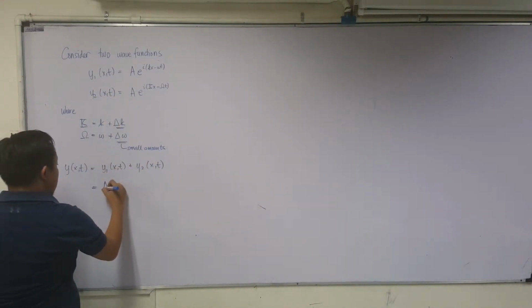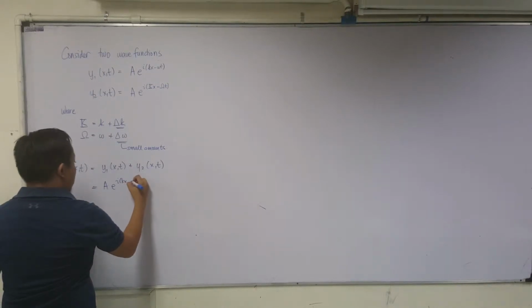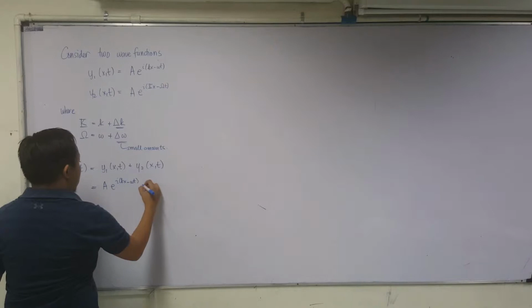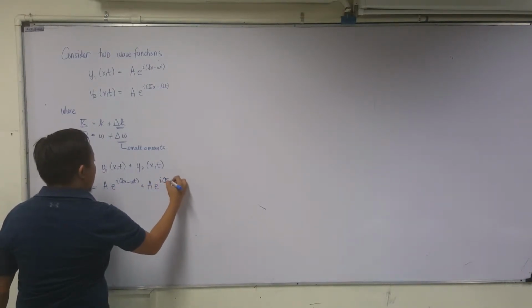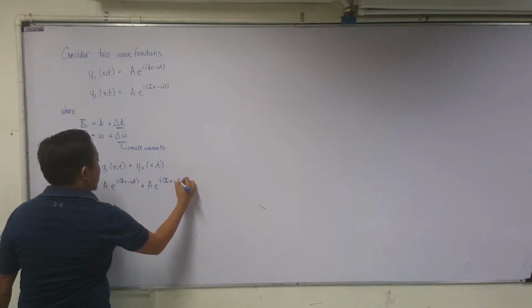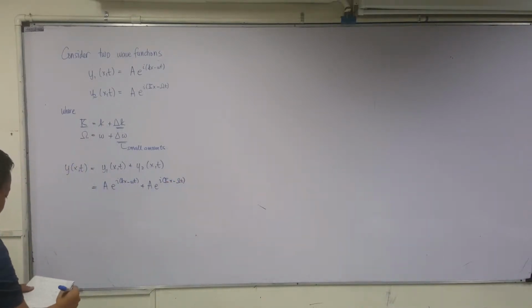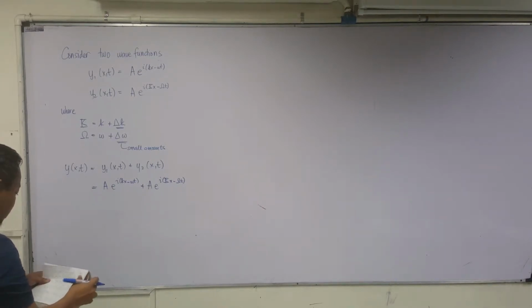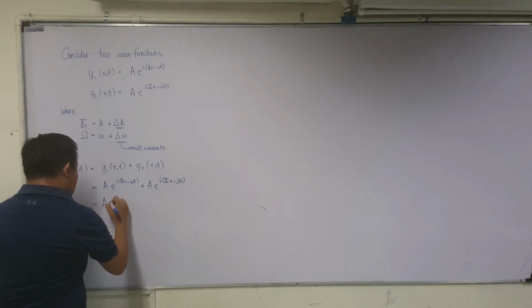This is A e to the i(kx minus omega t) plus A e to the i(capital K x minus omega t).